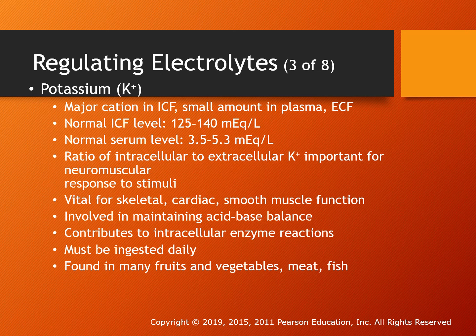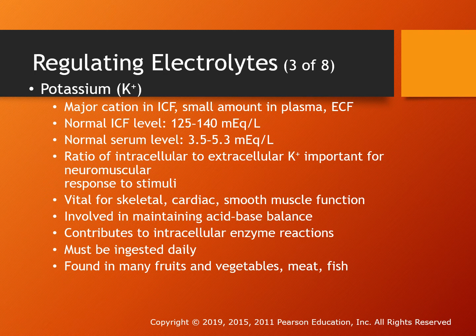The next one is potassium, and it's the major cation in intracellular fluid. There's a small amount in plasma and extracellular fluid. The normal levels are 125 to 140 in intracellular fluid. The normal serum levels are 3.5 to 5.3.